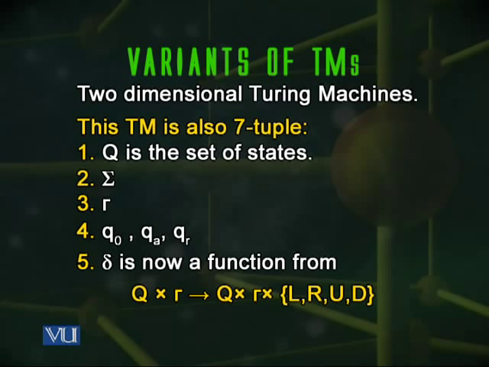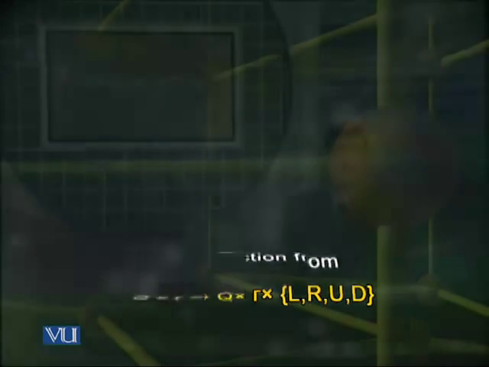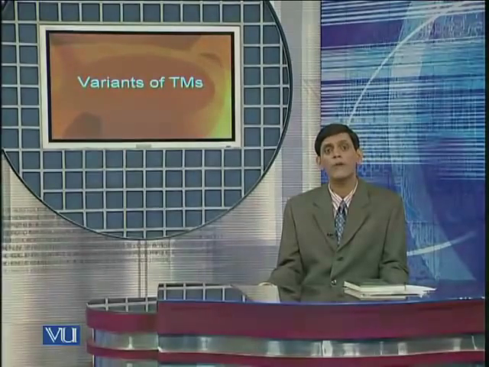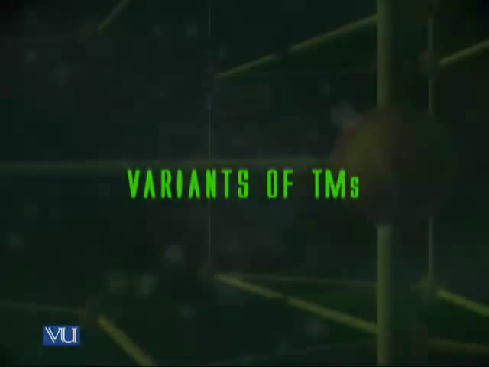However, in this case, the transition function is going to map from Q cross Γ to Q cross Γ cross {L, R, U, D}. L, R, U, and D represent the 4 natural directions that you can follow when you are working on a two-dimensional piece of paper. You can either move up, down, left, or right. We will show in the next lecture that all these models of computation are not more powerful than a one-dimensional Turing machine which works with a single tape.